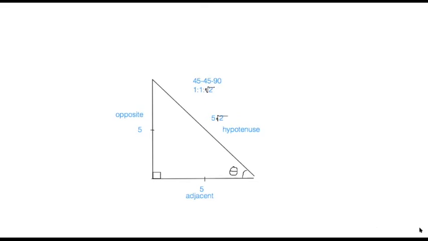Let's go ahead and try a 30, 60, 90 just to make sure that we're all on the same page before we move on. So let's see if I can get a triangle in here a little faster than last time. That's a little better.